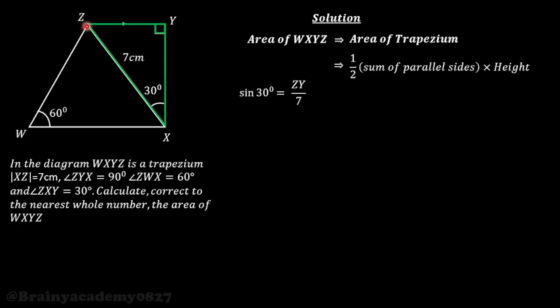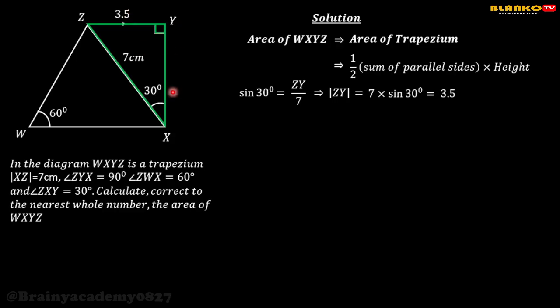That is the opposite over the hypotenuse, since ZX is 7 cm and ZY is what we are calculating. So ZY is equal to 7 times sine 30 degrees, which gives us 3.5. So the length ZY is 3.5.